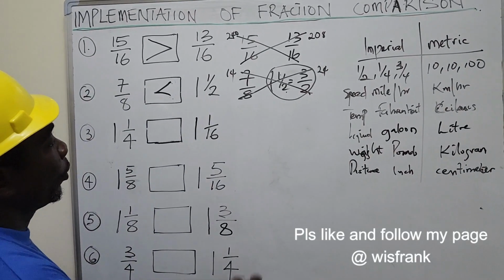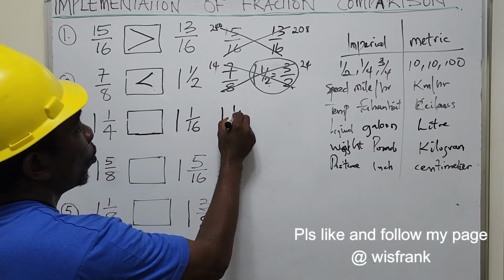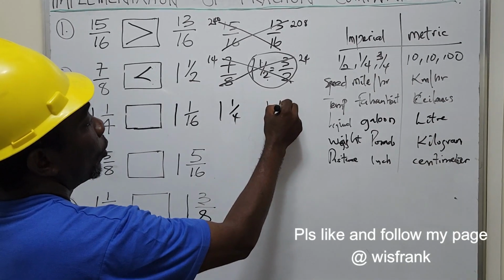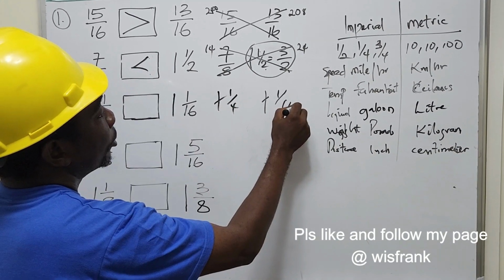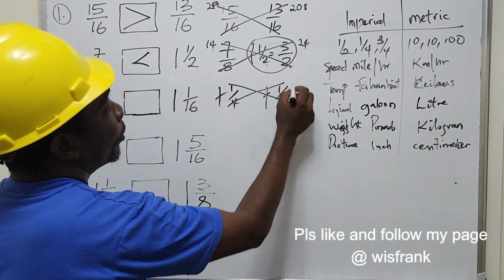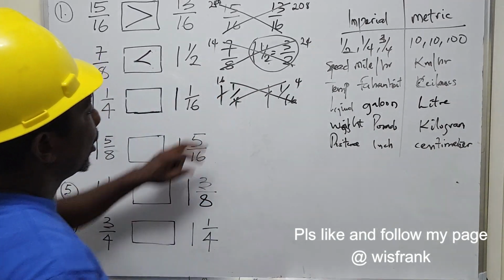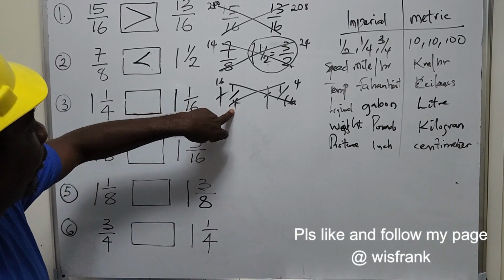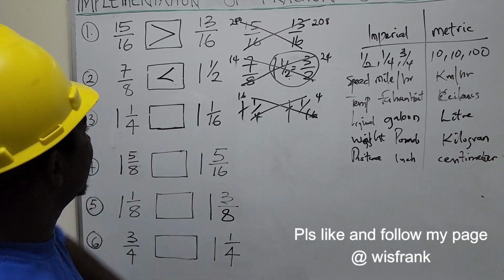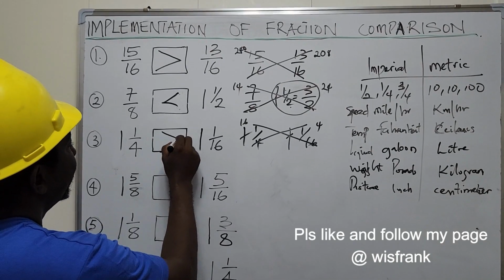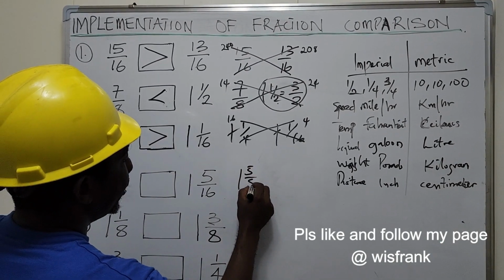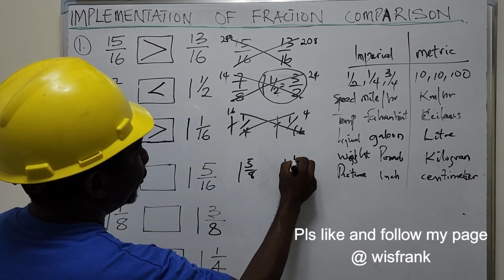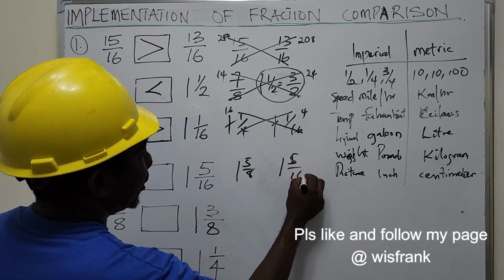So number 3, we have 1 over 4 and 1 over 16. You can cancel 1 here and cross multiply 16 by 1 and 4 by 1. We have 4 here and we have 16. You can see that 1 over 4 is greater than 1 over 16, so we bring in a sign of greater than. And number 4, we have 5 over 8 and 5 over 16.